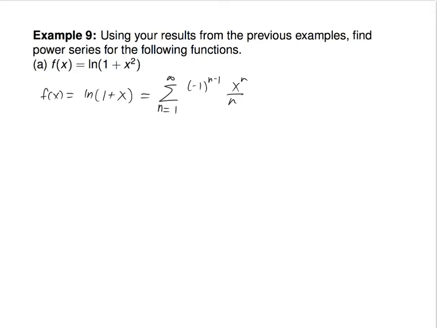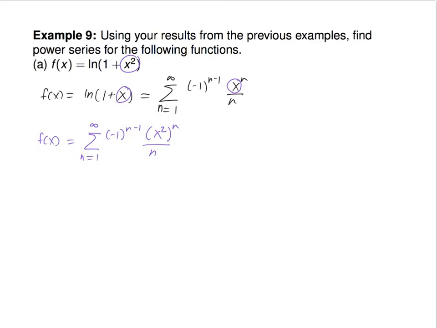Does that make sense? Do you see how here I just have x squared instead of x? So what you can do for f of x is just input x squared for x in that formula. So this would be a sum from n equals 1 to infinity, negative 1 to the n minus 1, x squared to the n over n.